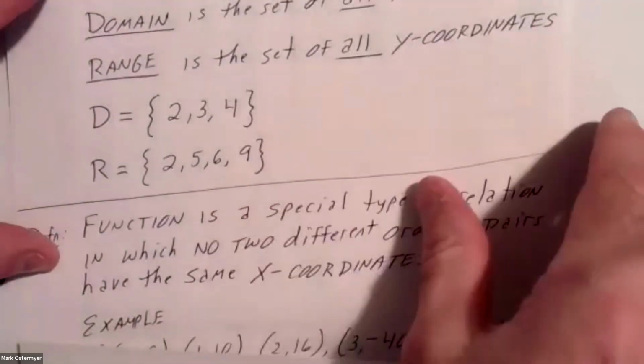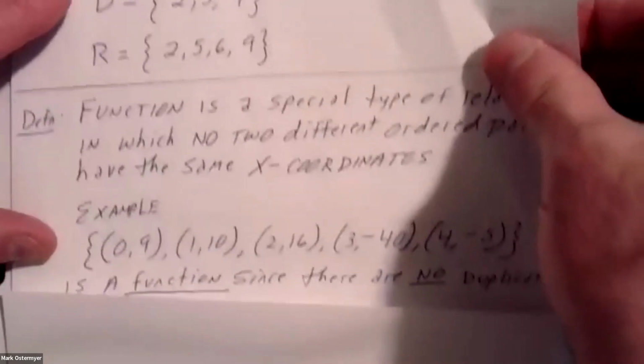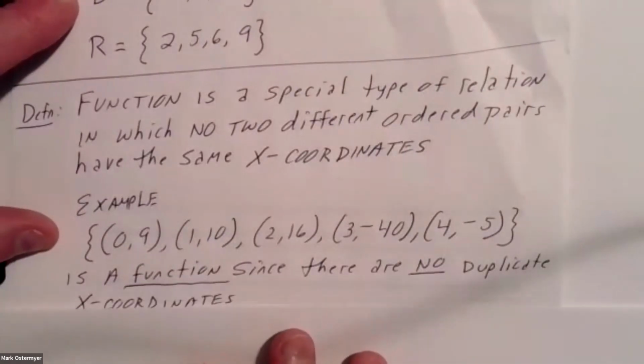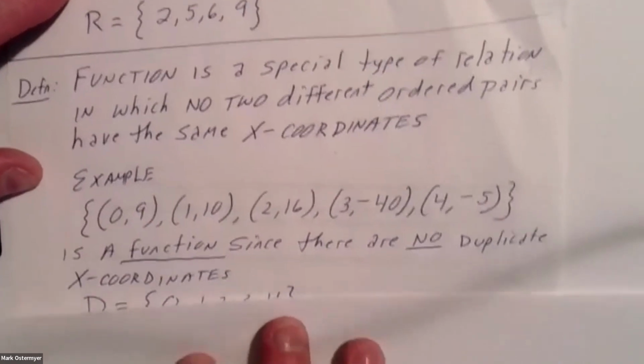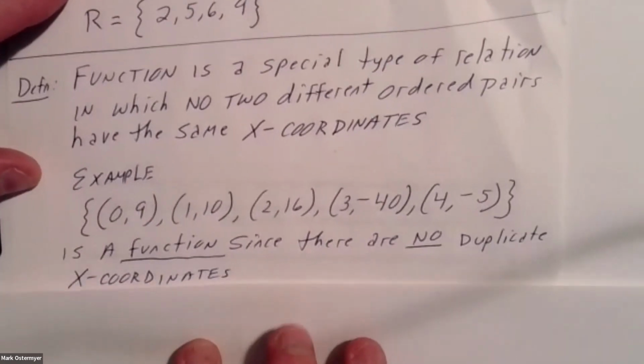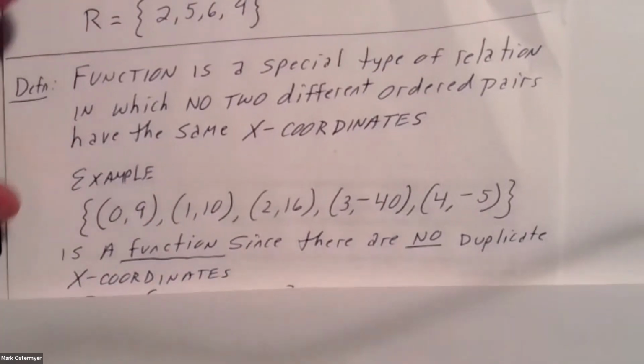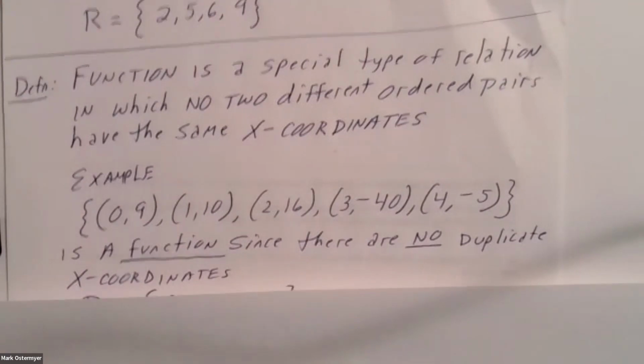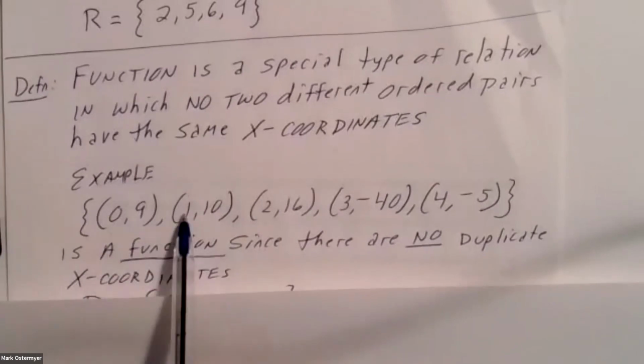Here's an example of a relation, but this relation also is a special type of relation called a function. Notice you do not have any duplicate x coordinates. All the x coordinates are unique. That's why this relation is a function.